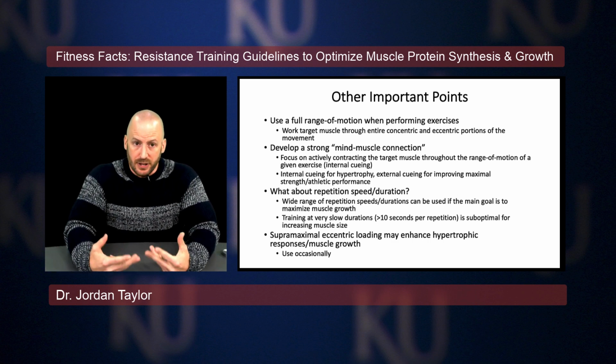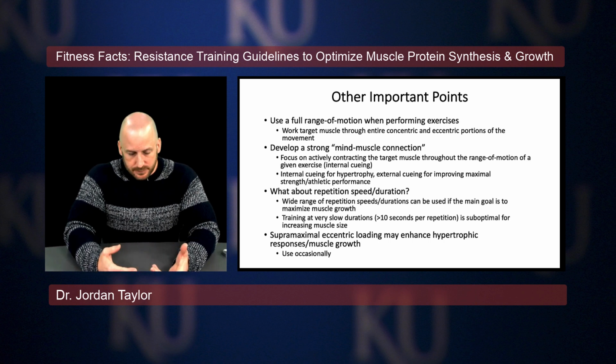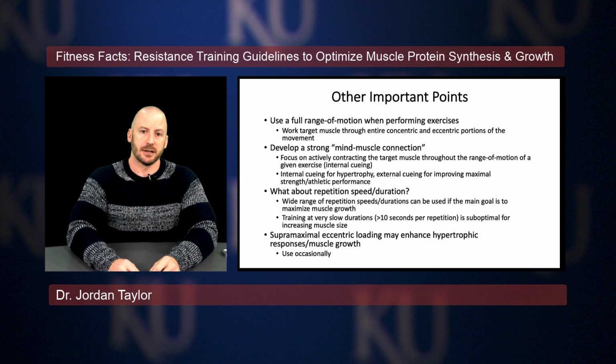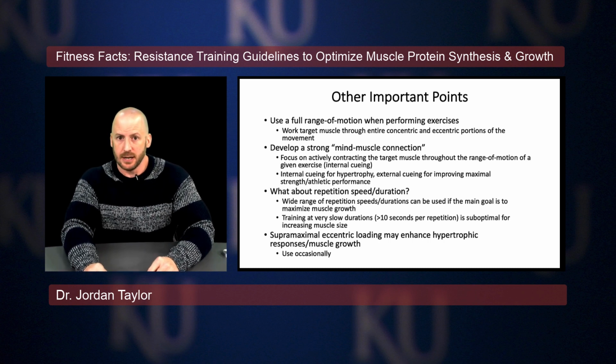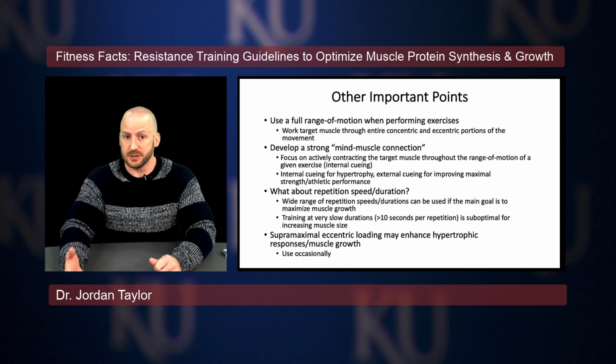So again, that's a form of internal cueing. Internal cueing can be beneficial for hypertrophy, focusing on the contraction of that muscle. Now, there are studies showing that external cueing is more beneficial if you're trying to improve maximal strength or athletic performance.